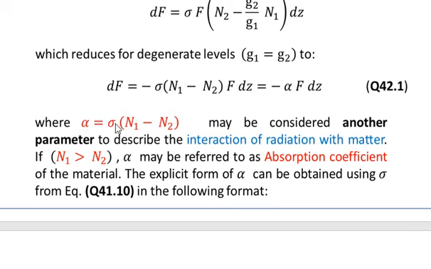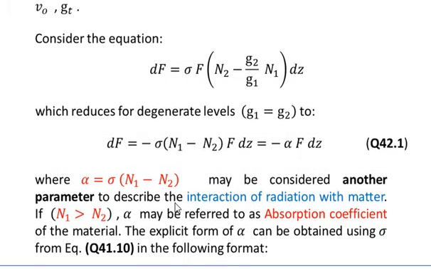It describes the interaction of radiation with matter. If n1 is greater than n2, alpha may be referred to as the absorption coefficient of the material. The explicit form of alpha can be obtained using sigma from equation 41.10 in the following format.